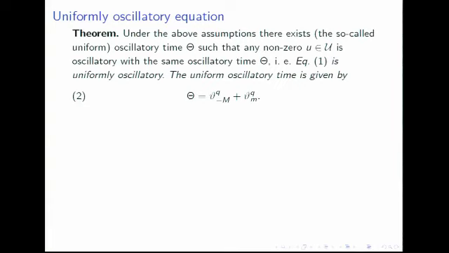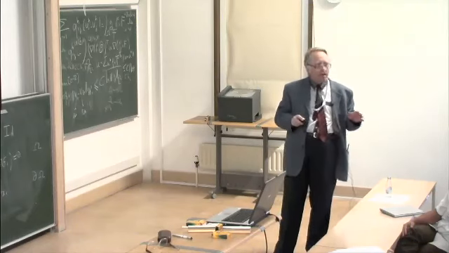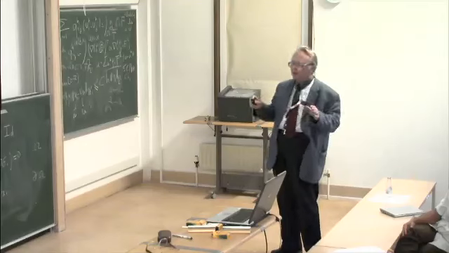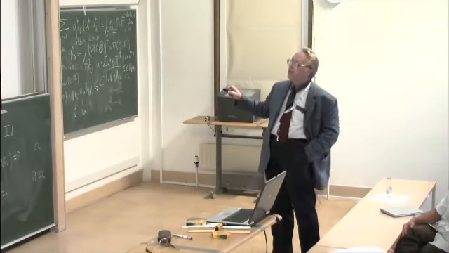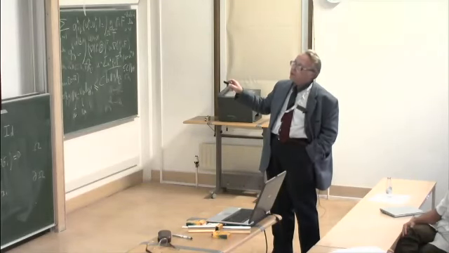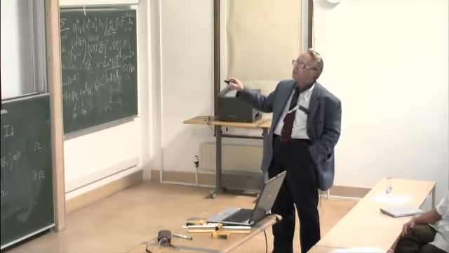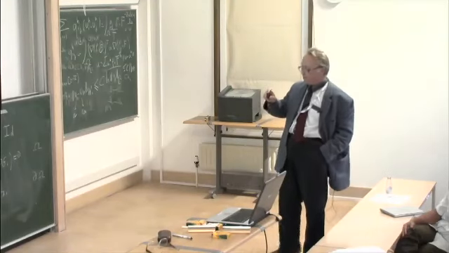We can say that this equation is uniformly oscillatory, and the uniform oscillatory time is given by the following formula, where we can see the summit function theta, which is a function of two variables. This is an explicitly given function, and the uniform oscillatory time is given just by this formula.